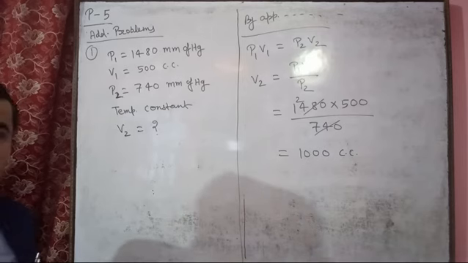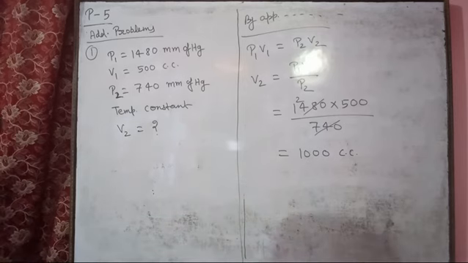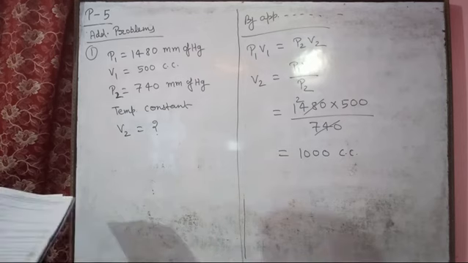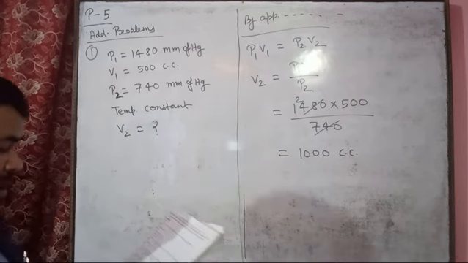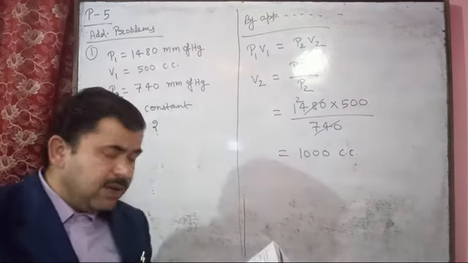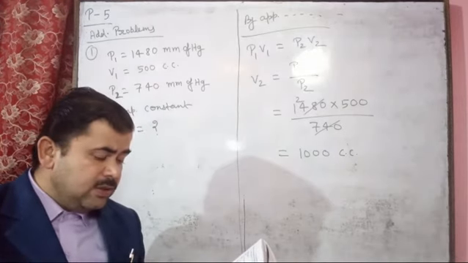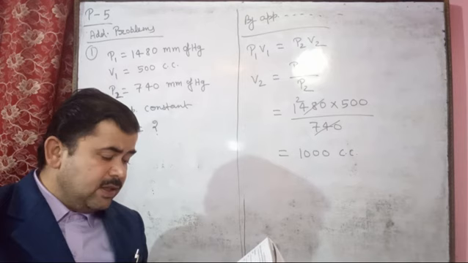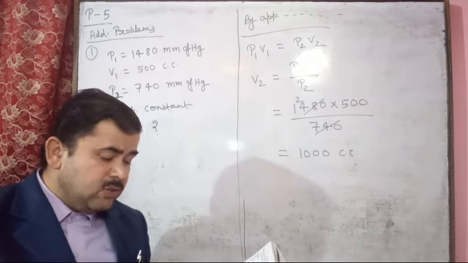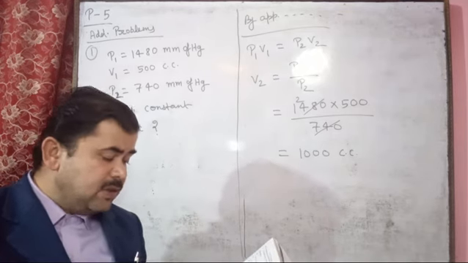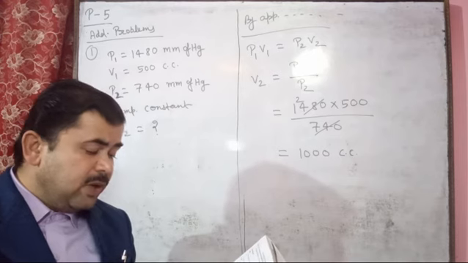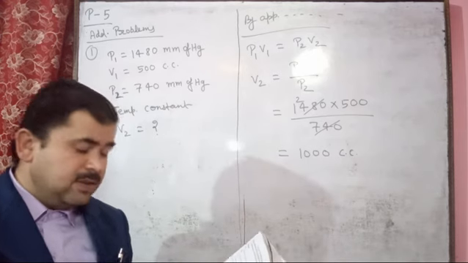In the same manner, we can see question number 2, additional problem. The volume of a given mass of a gas at 27 degrees Celsius is 100 cc. To what temperature should it be heated at the same pressure so that it will occupy a volume of 150 cc?